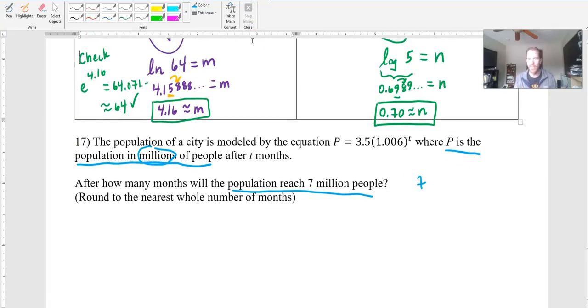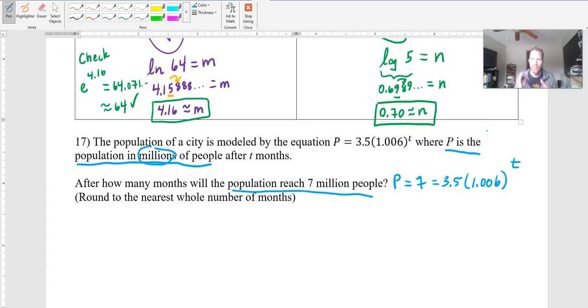We're just going to use the 7. So our population P equals 7. So that's going to equal, filling in the rest of the equation, 3.5 times 1.006 to the power of t. So that's just putting the value into the equation. Hopefully we're okay with that.